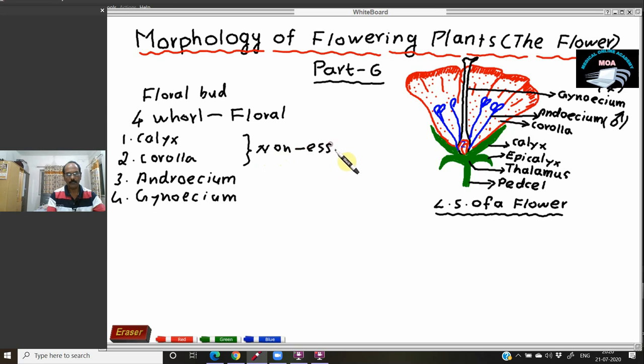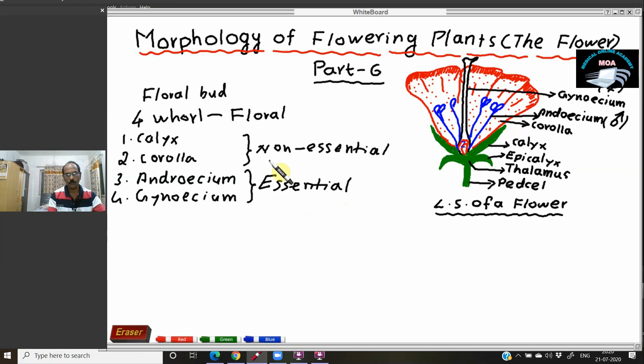The next two, the androecium and gynoecium, are essentially necessary for reproduction, and without them reproduction cannot take place, so these two are known as the essential whorls. So out of the four whorls, two are non-essential and two are essential.